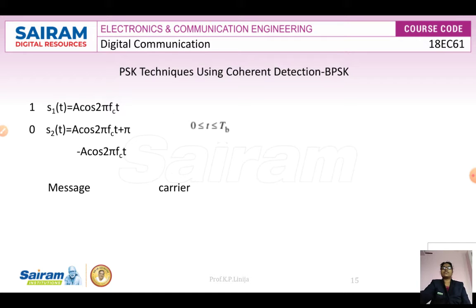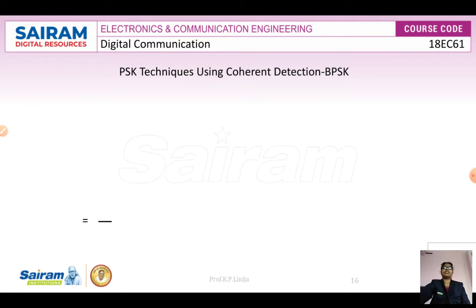Now let us consider the message signal and the carrier signal. The carrier signal is C of t equal to A cos 2 pi fct plus phi. For message symbol 1, the value of phi is equal to 0, and for message symbol 0, the value of phi is equal to pi.